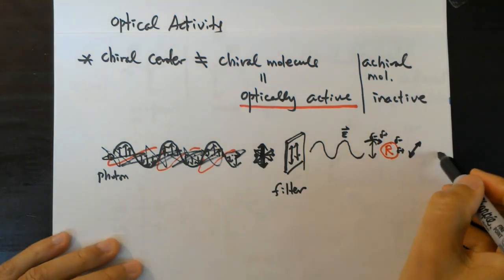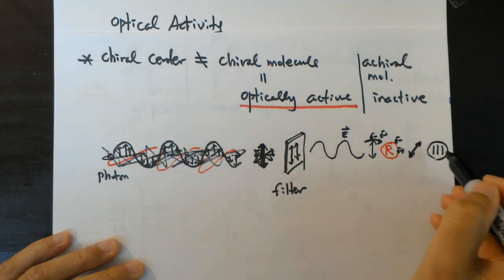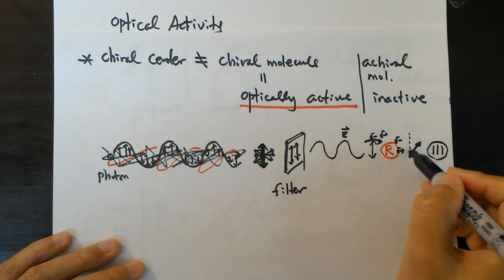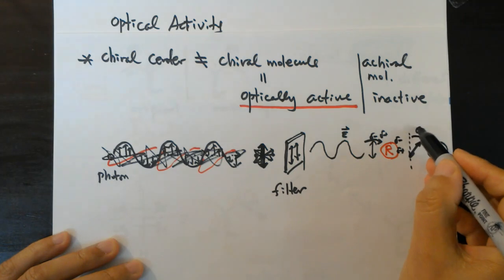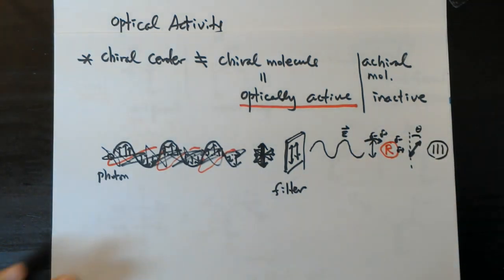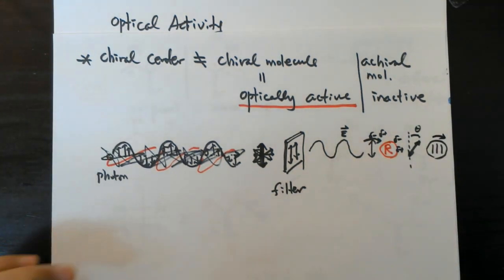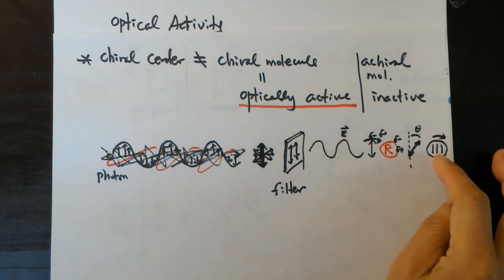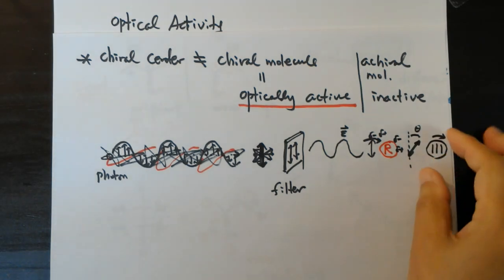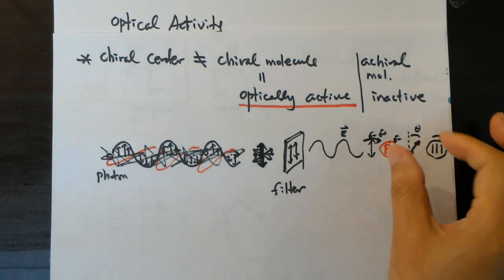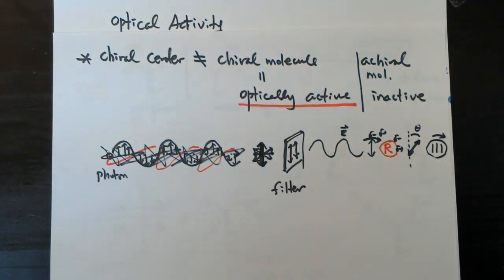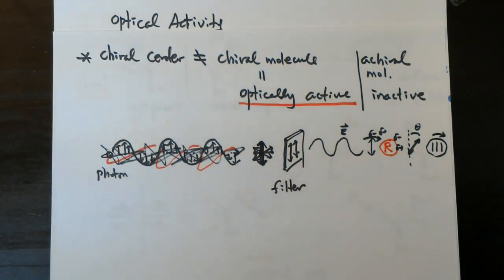Then using another filter, we can measure how much rotation it made from the original angle by rotating this filter. We can see darkness through the filter until you have an appropriate rotation, so the light can come out and will appear bright.